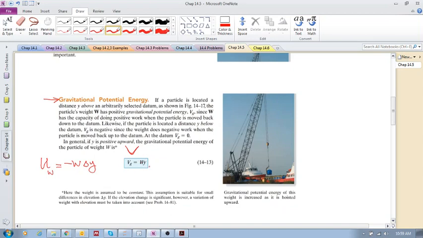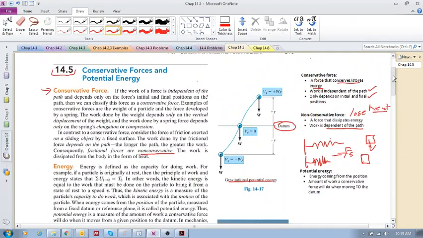But nevertheless, how do we apply this equation? What does this mean? Well, let's have a look at this diagram over here. Let's erase this. So say now you have a particle anywhere in space. The first thing we need to do is define our datum. You define it based on the problem, based on how you feel, where your datum is.